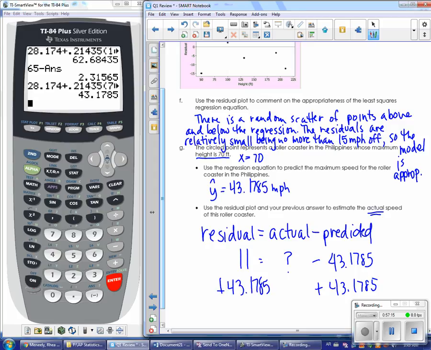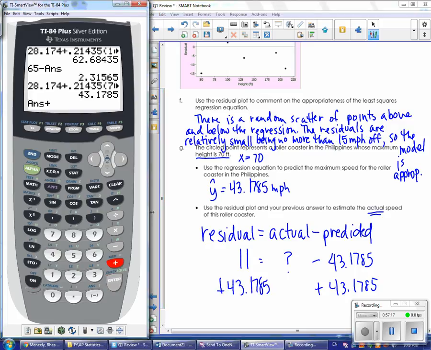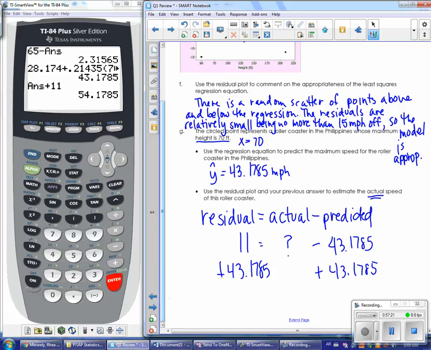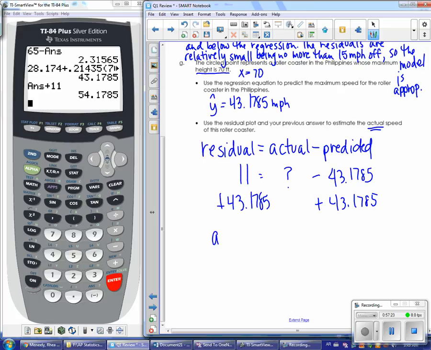And so if I just add 11 to that number, I get an estimate that tells me that the actual speed is going to be approximately 54.1785 miles per hour.